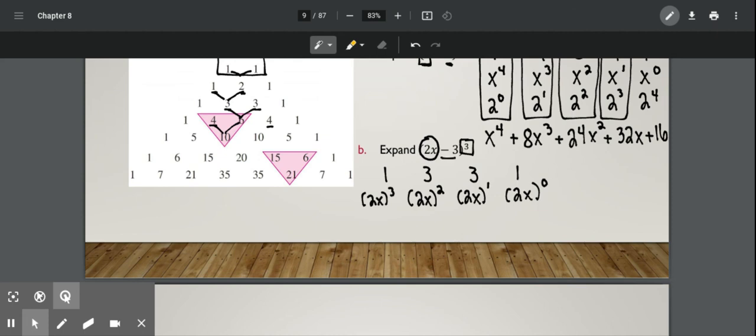And then we'll take our -3 and we'll do the same thing. So we have -3 to the 0, -3 to the 1, -3 to the 2, and -3 to the 3.